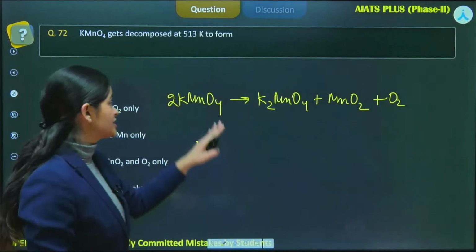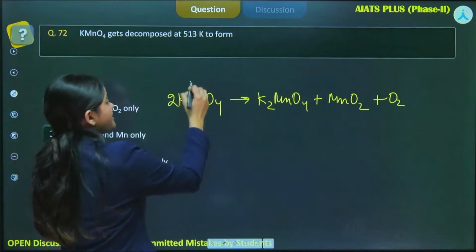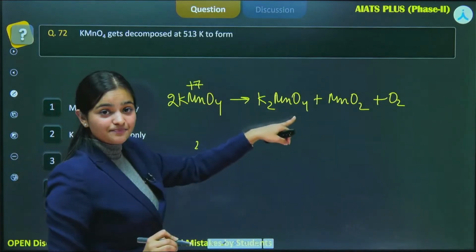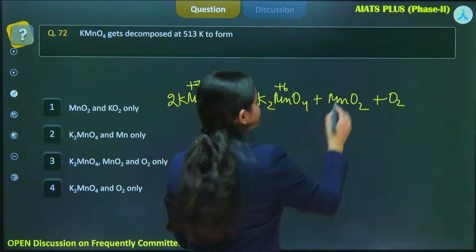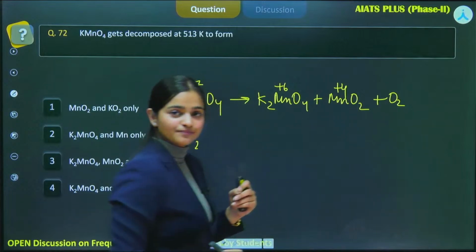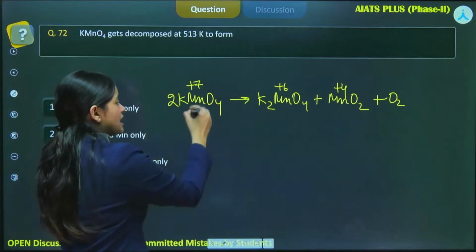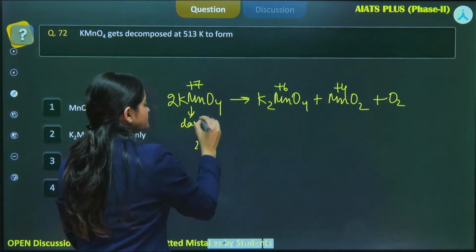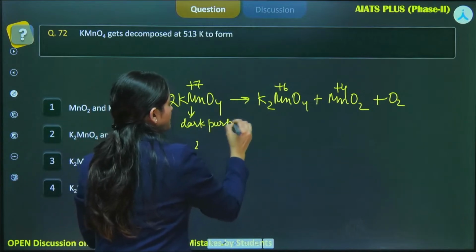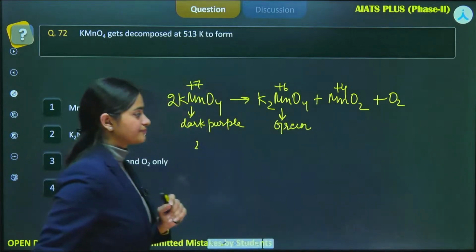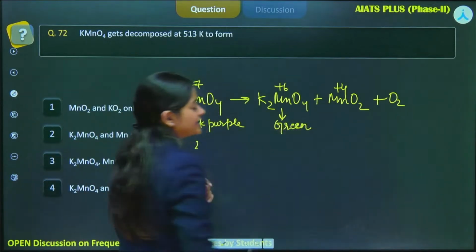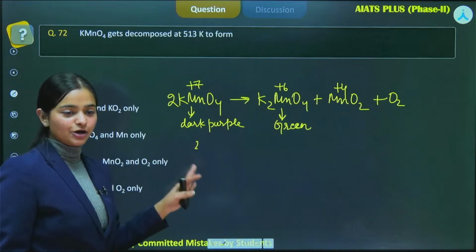Now the oxidation state of manganese here is +7, and here it is, as we saw, +6, and in manganese dioxide it is +4, right? KMnO4 is dark purple in color, whereas K2MnO4 is green in color. Okay, I hope this is clear.